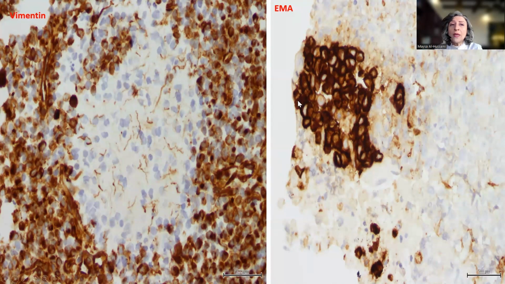So in combination, Vimentin and EMA can be very helpful to support the diagnosis of atypical teratoid rhabdoid tumor versus the diagnosis of medulloblastoma if you don't have INI1 immunohistochemistry at your laboratory.